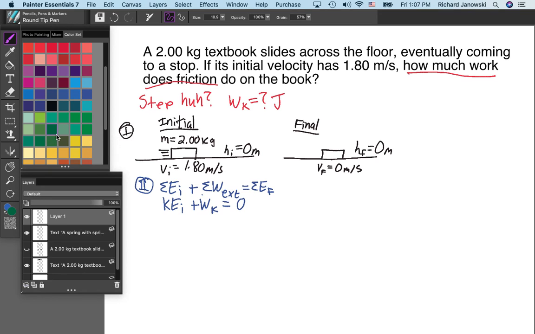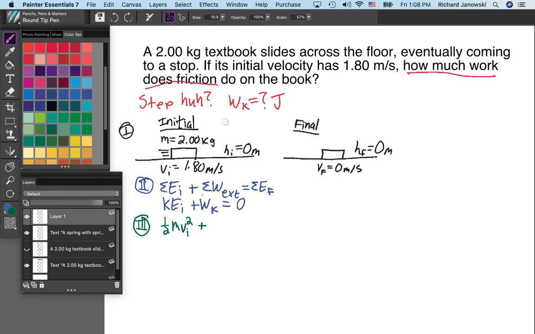So now on to step 3, which is math. If this were a momentum problem, the first part of math would be take the hats off and put in the signs, but these things are all scalars. There's no hats. We don't have to worry about that. So we're just going to turn the things into the things. So kinetic energy. Remember your formula for KE is 1/2 m V initial squared, plus, I could turn this into F D cosine theta, but the thing we're looking for is actually already, let me just circle it.